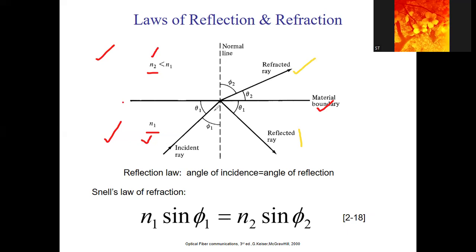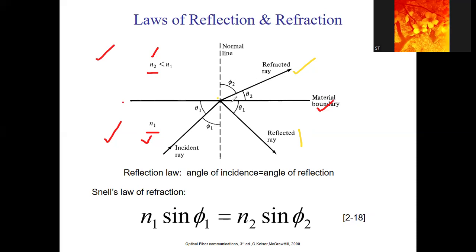So light incident at the boundary enters into the second medium. Here you can see that when the light enters the second medium, it is a little bit bent. There is a bend in this refracted ray.